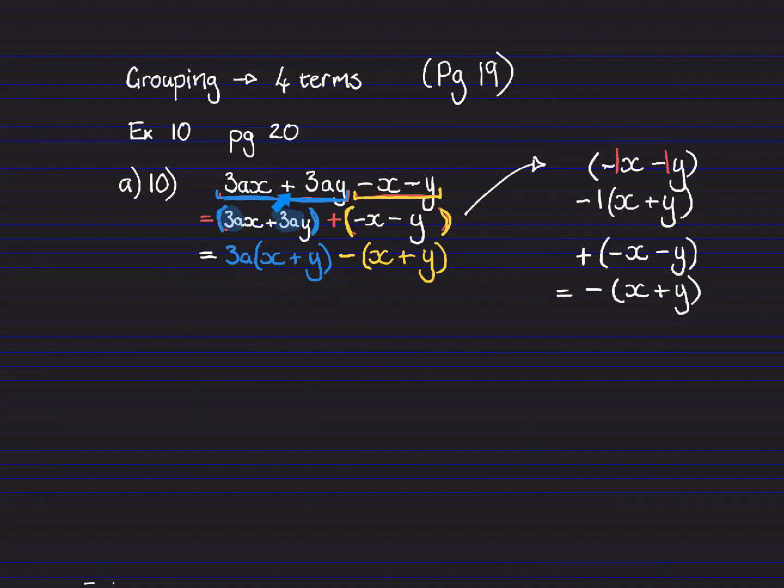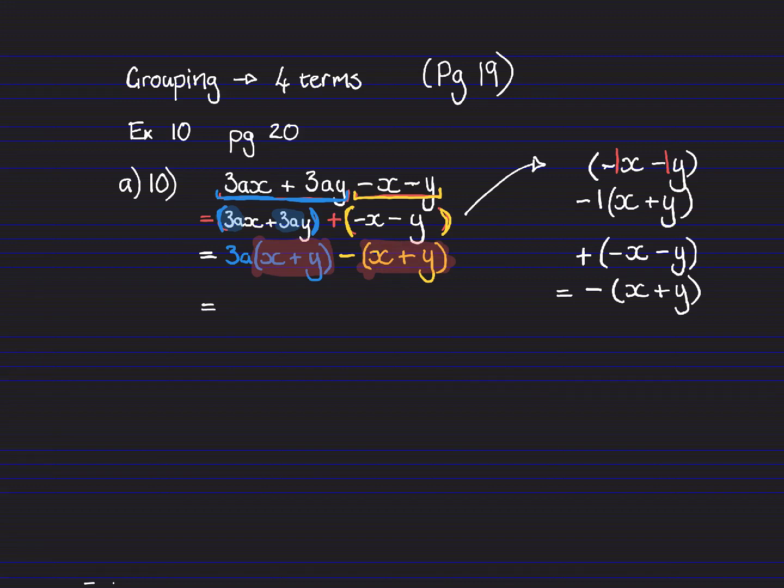I started with 4 because those pluses and minuses divided up the 4 different numbers. But now I just have the 1 minus between the brackets. So 2 terms. I'm going to highlight x plus y and x plus y to indicate that it's a common factor, because it makes it easier to see.